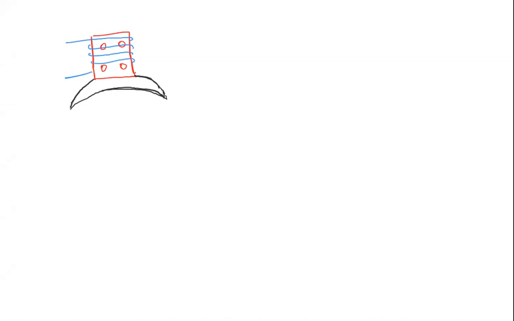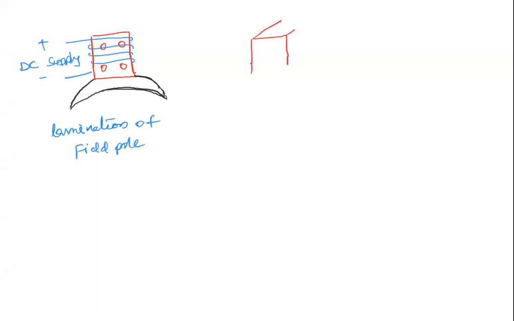Okay. So to this winding, a DC supply is given. DC power is given. Okay. So this is a lamination of a field pole. So if we connect such that means the field pole looks like this.